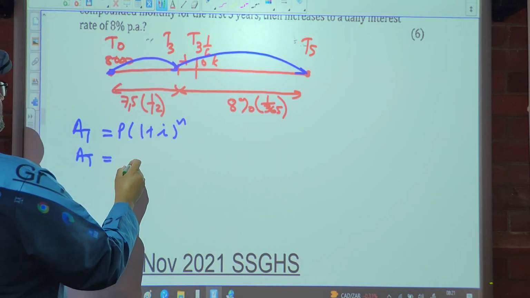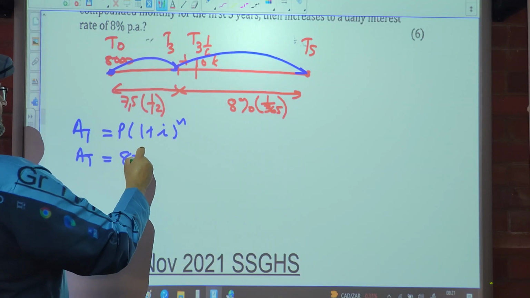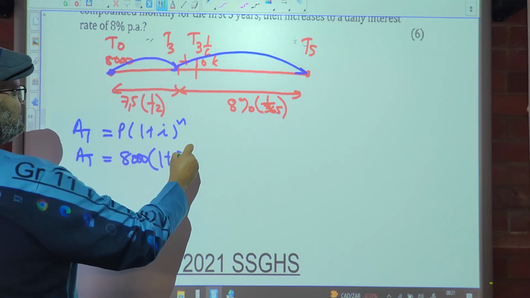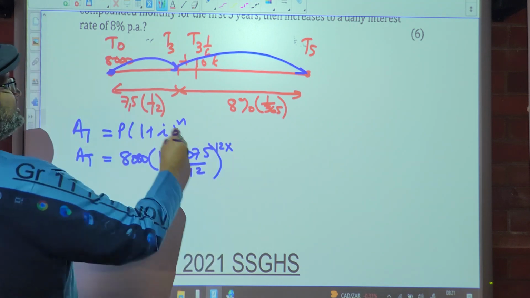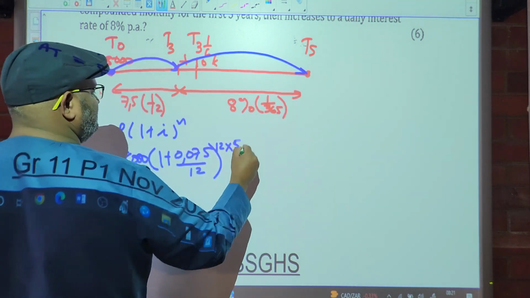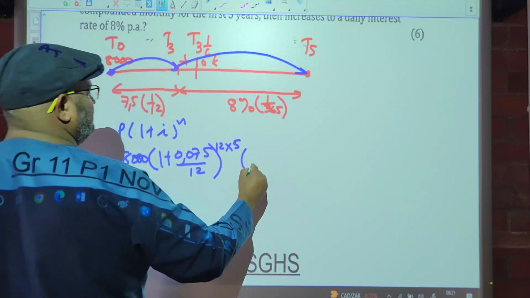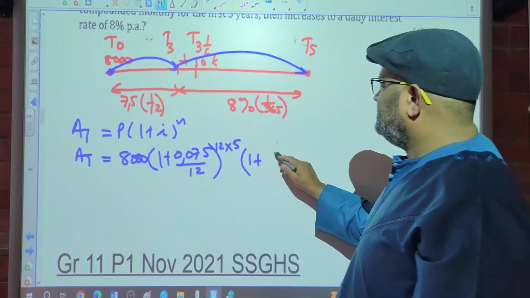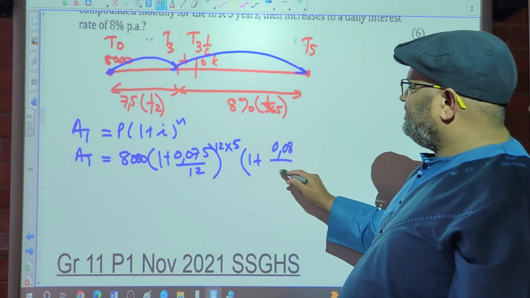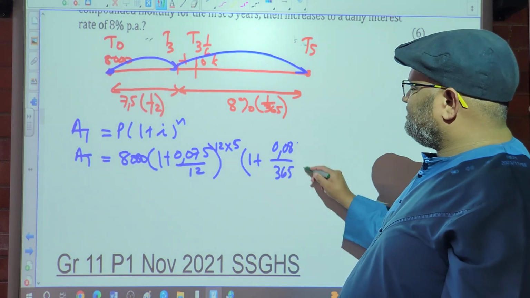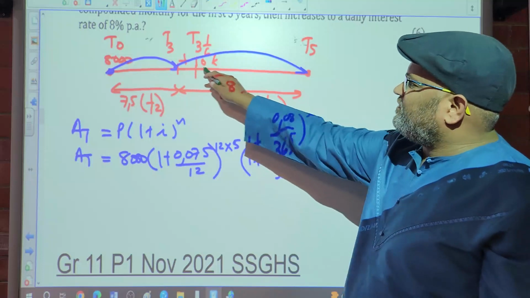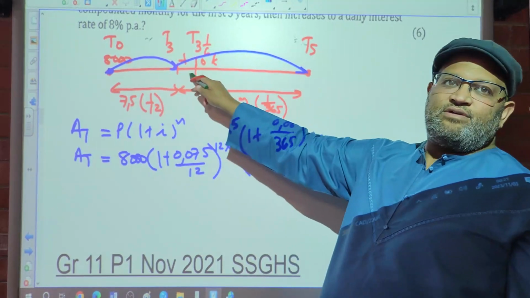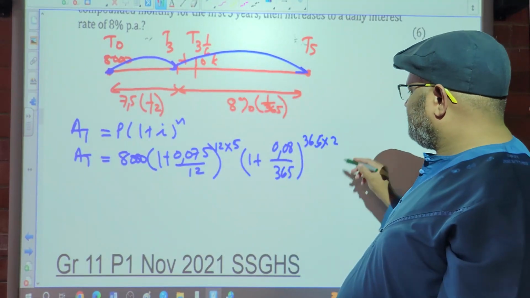So it's going to be 8,000 into 1 plus 0.075 over 12 to the exponent 12 times. And how many years is this for? 5 years. Into 1 plus 0.08 over 365 to the exponent 365 times. And how many years is this for? 2 years.